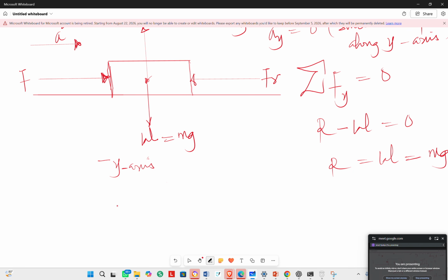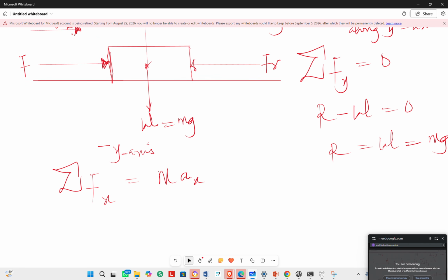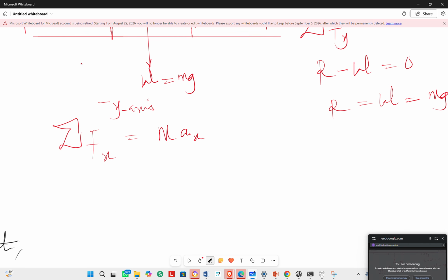So if you want to get your resultant along the x axis, we say the algebraic sum of the forces along x must be equal to ma along x, that is, the acceleration along the x axis. Are we together? Yes, sir. Okay.